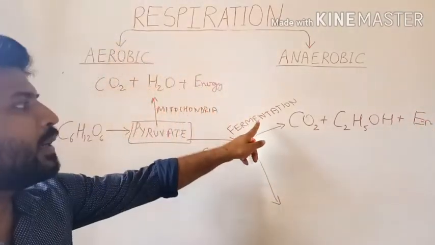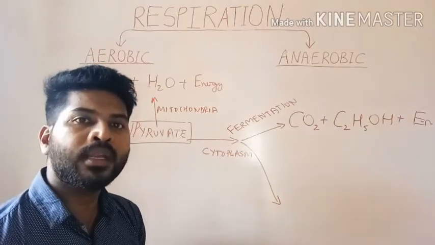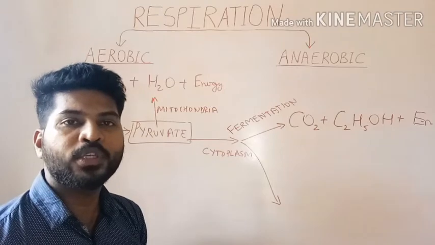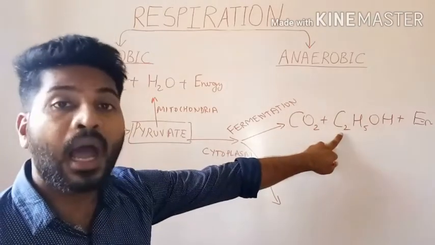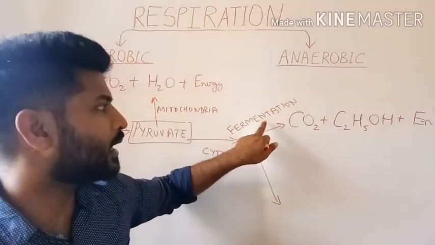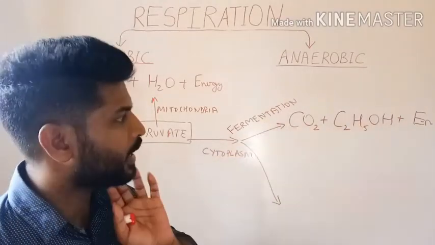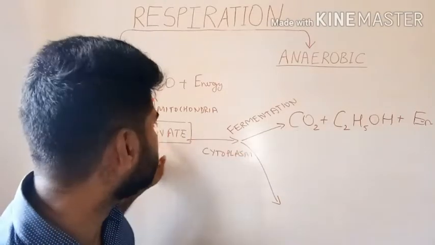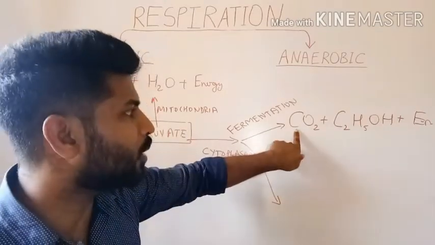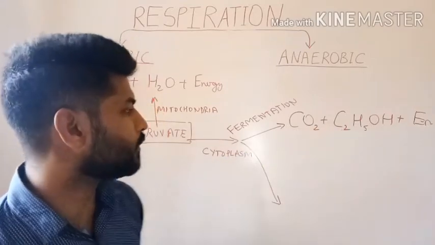This is what is called fermentation. This process is used in bakeries to produce bread, and to produce alcohol, wine, etc. The amount of energy produced is less. As you can see, the 3 carbon molecule is not completely broken down, so it is partially broken down.